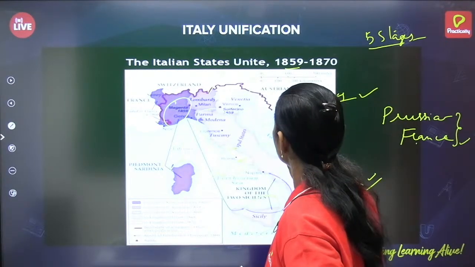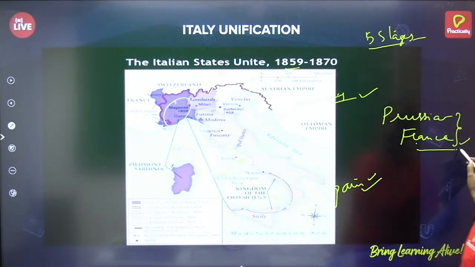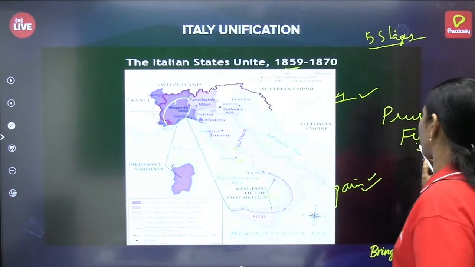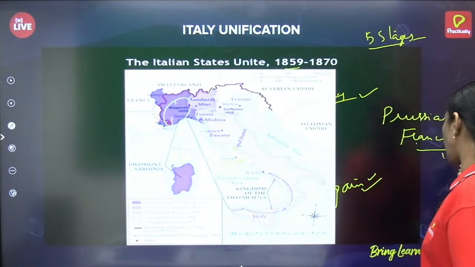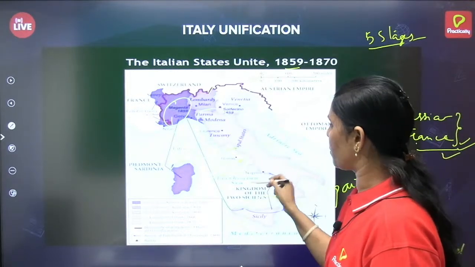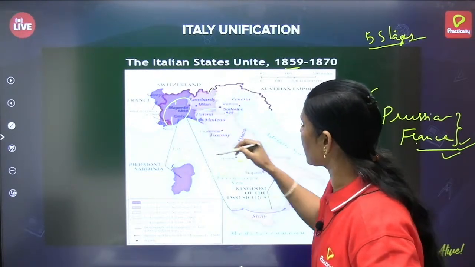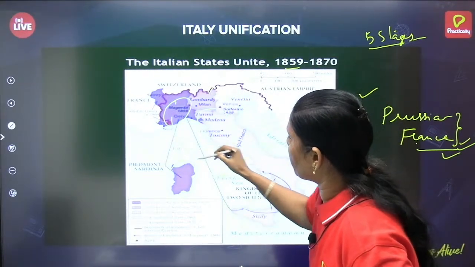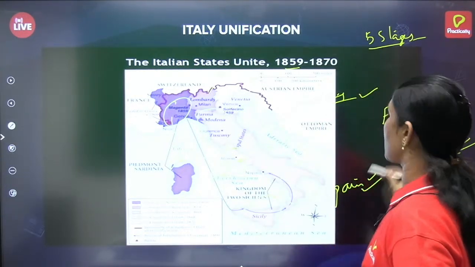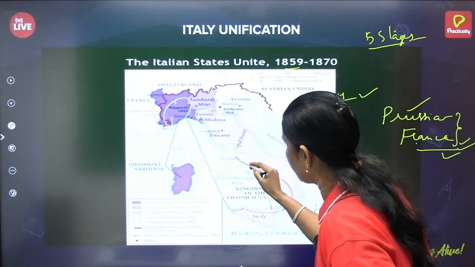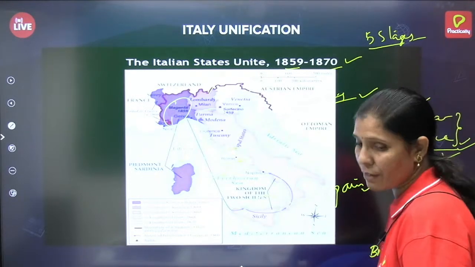So this army, while involved in the war with Prussia, was unable to win the war. The troops were withdrawn from Rome. That time, Italy occupied the city of Rome. The final unification was done in 1871.